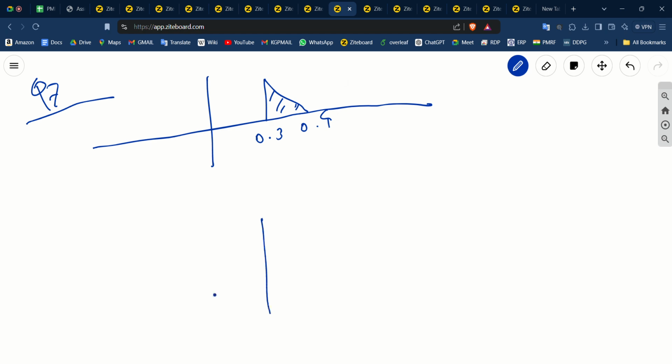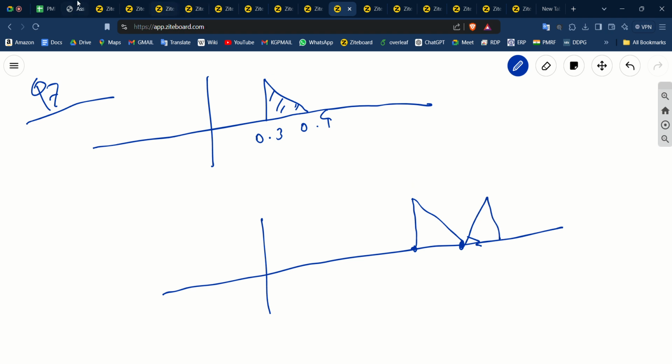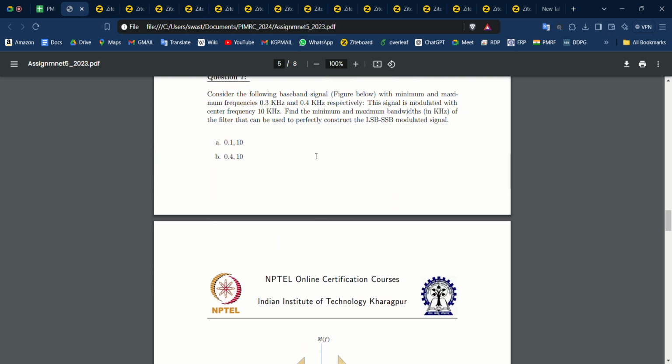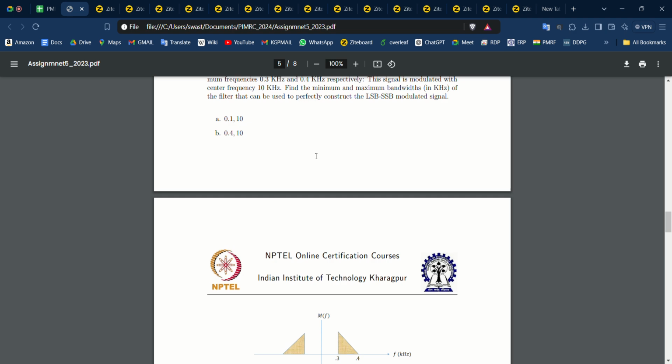So if you have a signal like this, 0.3, 0.4, the lower sideband will be this and the upper sideband is 0.1 to 0.3.